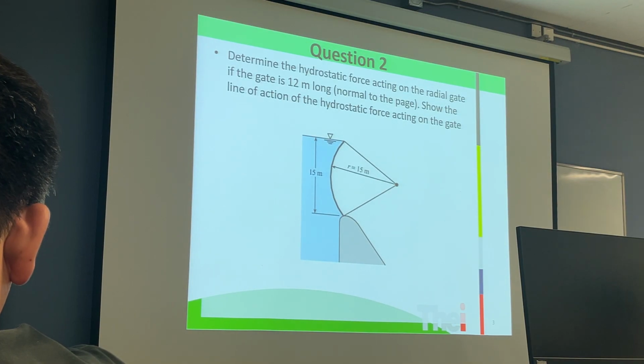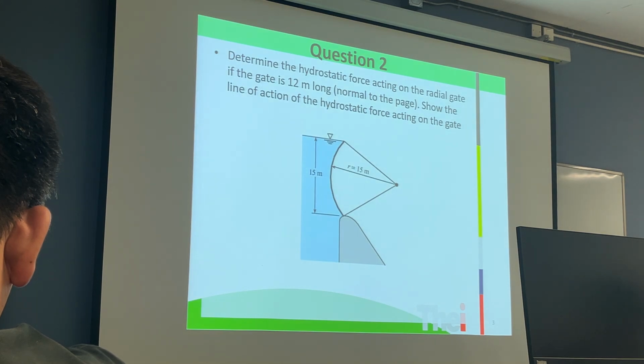Determine the hydrostatic force acting on the radial gate if the gate is 12 meters long, normal to the page. Show the line of action of the hydrostatic force acting on the gate.